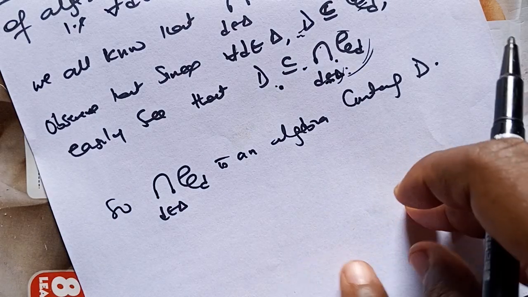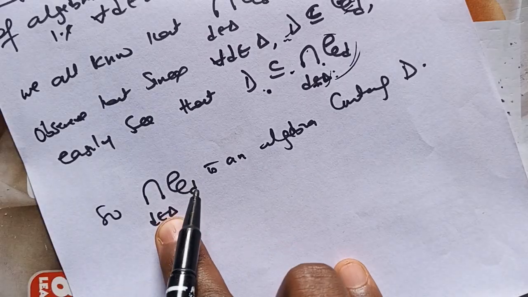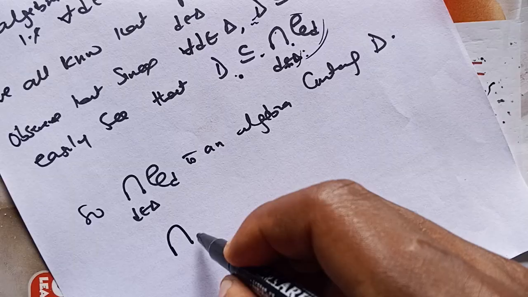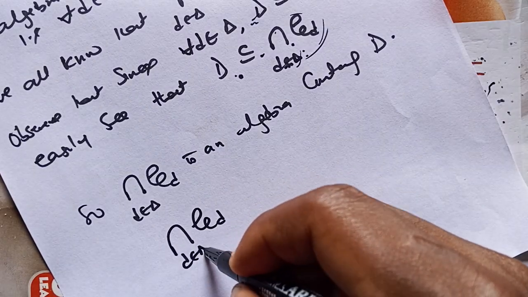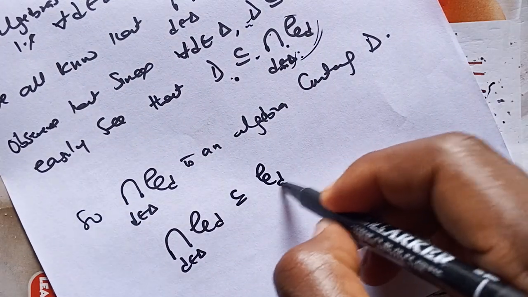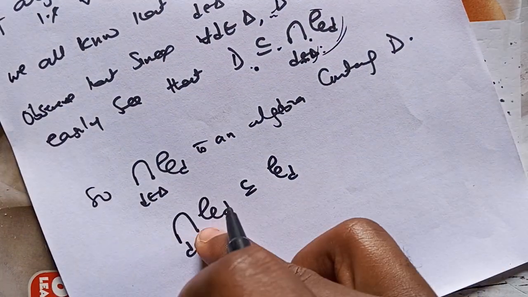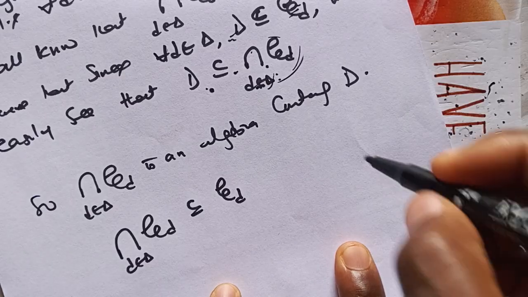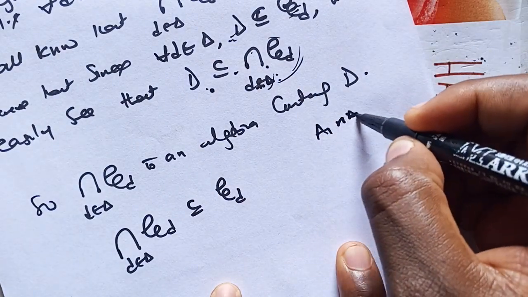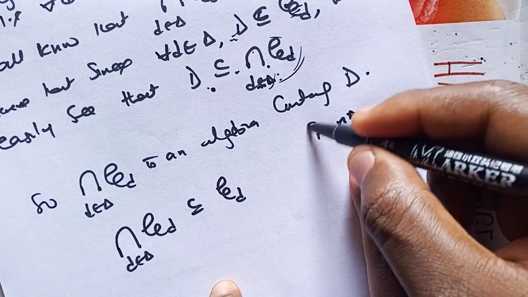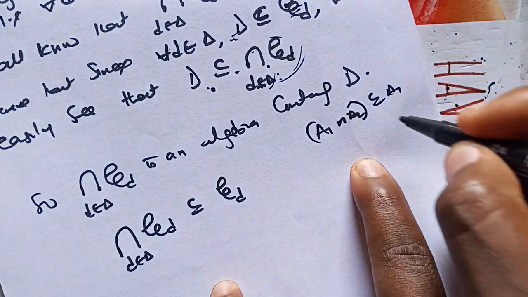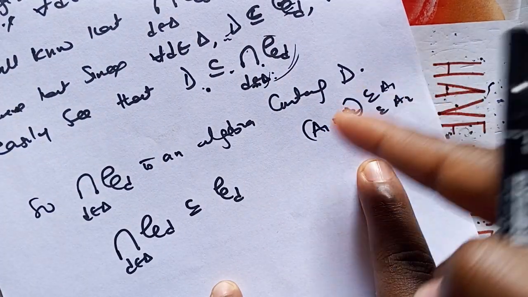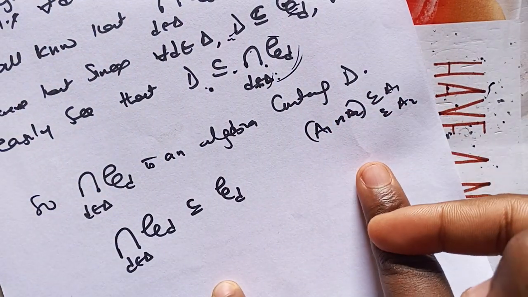Next, observe that this intersection is a subset of this. For example, if we have A1 intersect A2, observe that A1 intersect A2 is a subset of A1 and it is also a subset of A2.